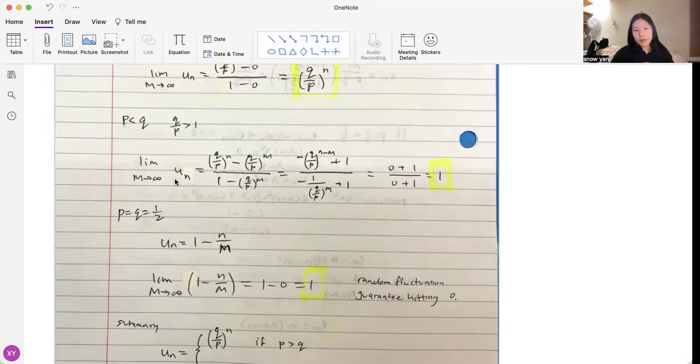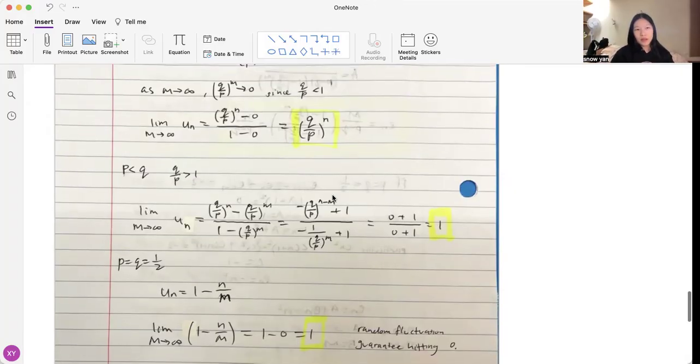That's why when we take the limit as m goes to infinity of u_n and simplify a bit, this goes to zero, this goes to zero, plus one. So we're doomed to go bankrupt in this sense.